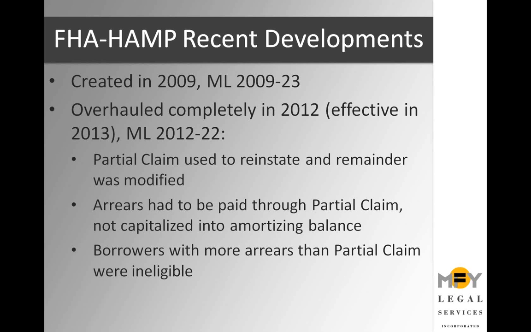All arrears had to be paid through the partial claim and not capitalized into this remainder of the mortgage. So the result was that borrowers who had more arrears than partial claim amount were just ineligible. So the impact was people got denial letters saying, we're sorry, you have excessive arrears. And if you really fought with the servicer, you could generally pay down the difference, but that was not always easy.